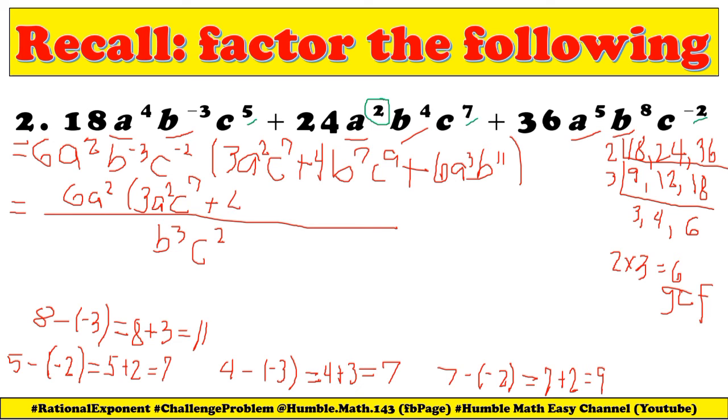We have also 4b to the 7 c to the 9, plus 6, excuse me, so we have here 6a cubed b to the 11 all over b cubed c squared.